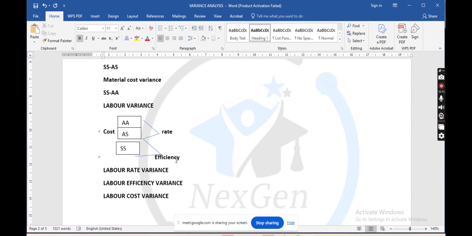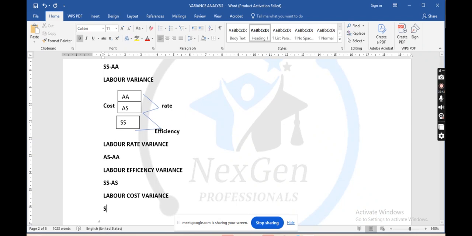Now, if you want to match this, for labor rate, you go from AS to AA, just like the way we did the first one. It will still be AS minus AA. Your labor efficiency will be SS minus AS. The same thing, your labor cost will be your SS minus your AA.